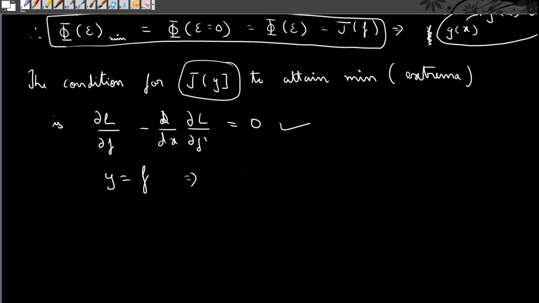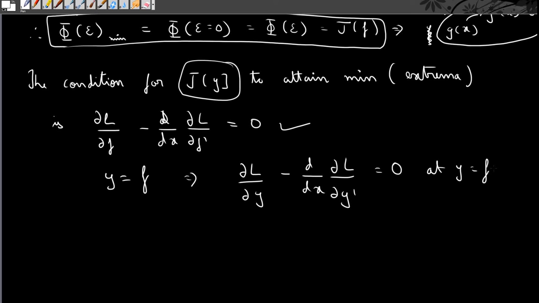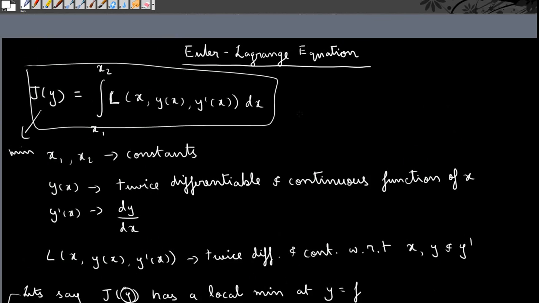So this implies dou L by dou y minus d by dx dou L by dou y dash becomes equal to 0 at y equal to f, which is where we assumed J of y has a minimum, and that is what the Euler-Lagrange equation helps us to find. It helps us to find the minimum of a function which is defined in this manner.